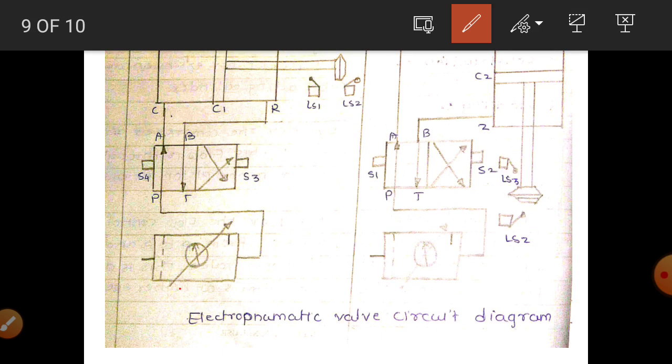It consists of an FRL unit, directional control valves and actuators. This is the first position, this is the second position, this is the first position, this is the second position. So this is the schematic circuit diagram of the electro-pneumatic valve.